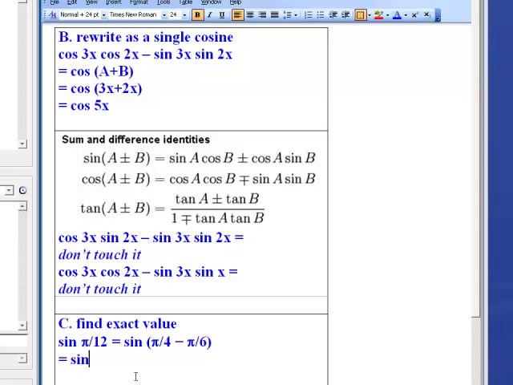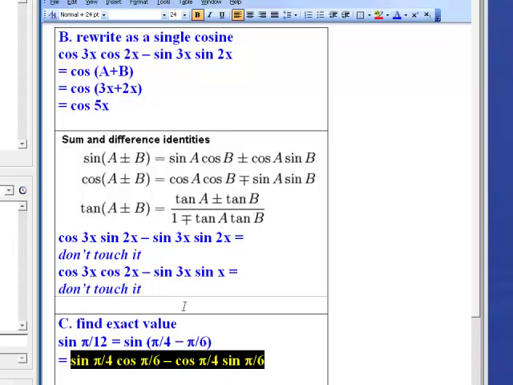So I'm going to say sine A cosine B minus cosine A sine B. And now I'm going to put these in here. That's the A. Word is doing something strange like this here. Make them larger. There we go.